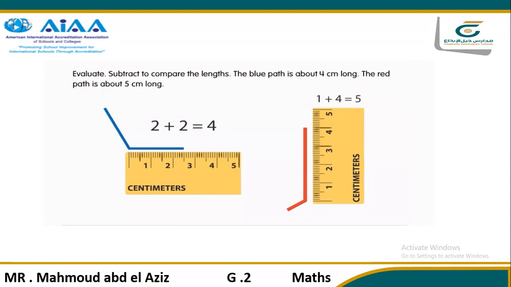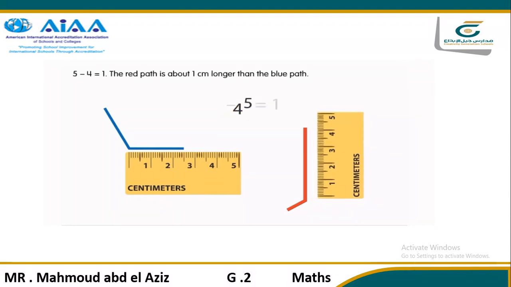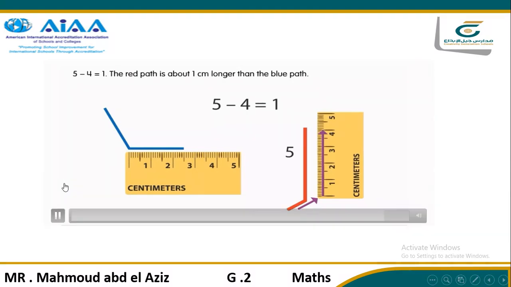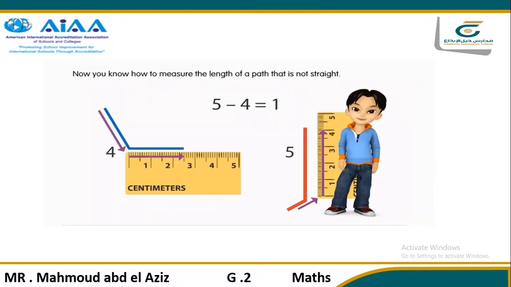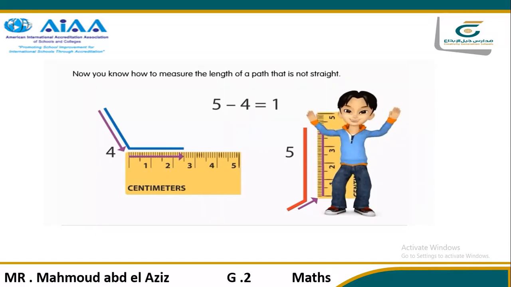Subtract to compare the lengths. The blue path is about 4 centimeters long. The red path is about 5 centimeters long. 5 minus 4 equals 1. The red path is about 1 centimeter longer than the blue path. Now you know how to measure the length of a path that is not straight.